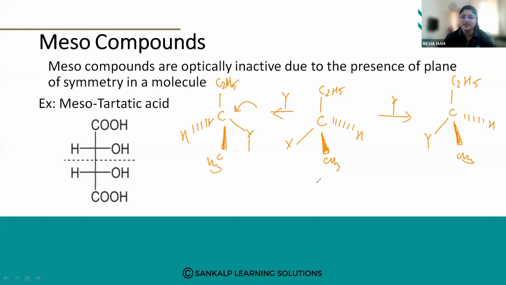If I give this compound A plus B, this is the A compound and this is the B compound.